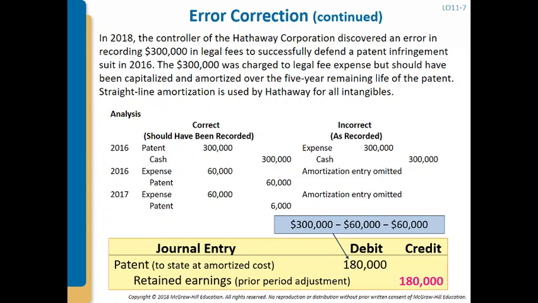So it's the difference between the amount of the expense they took versus what they should have taken in those prior years. In this case, the difference is $180,000.